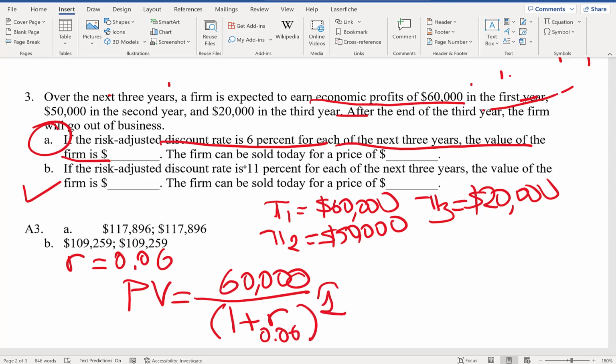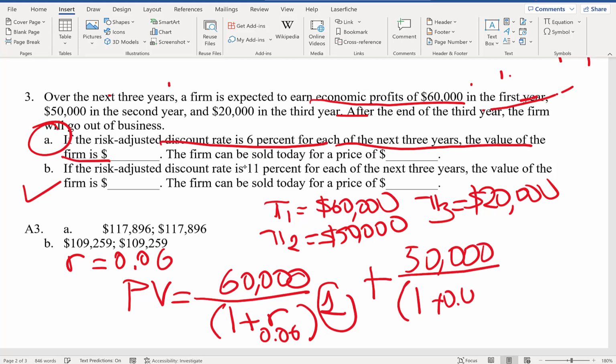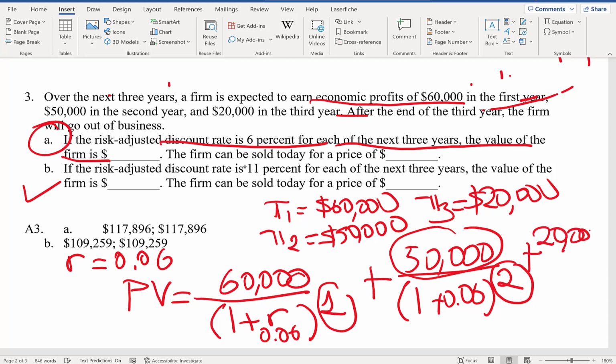Okay, so I just discounted $60,000 to period 0. Second period, $50,000 of profits divided by 1 plus 0.06 raised to the power 2. Why? Because we're discounting this $50,000 from period 2 to 0. Okay, and the last period, $20,000 divided by 1 plus the interest rate raised to the power 3.